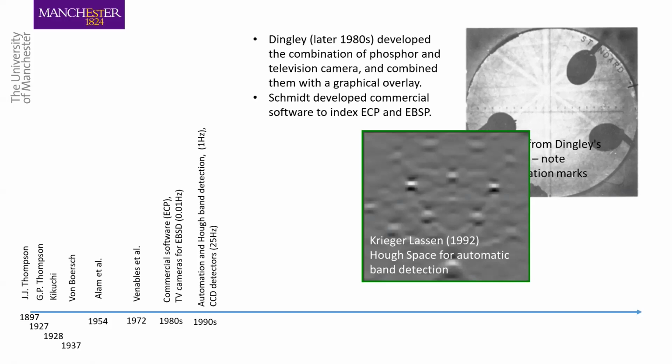But with this, we could leave the system untouched, and it would go ahead and do these. So we could really get one pattern a second. And then CCD detectors came about where they were 25 hertz. So that increased our speed 25-fold, and that was a huge step forward.